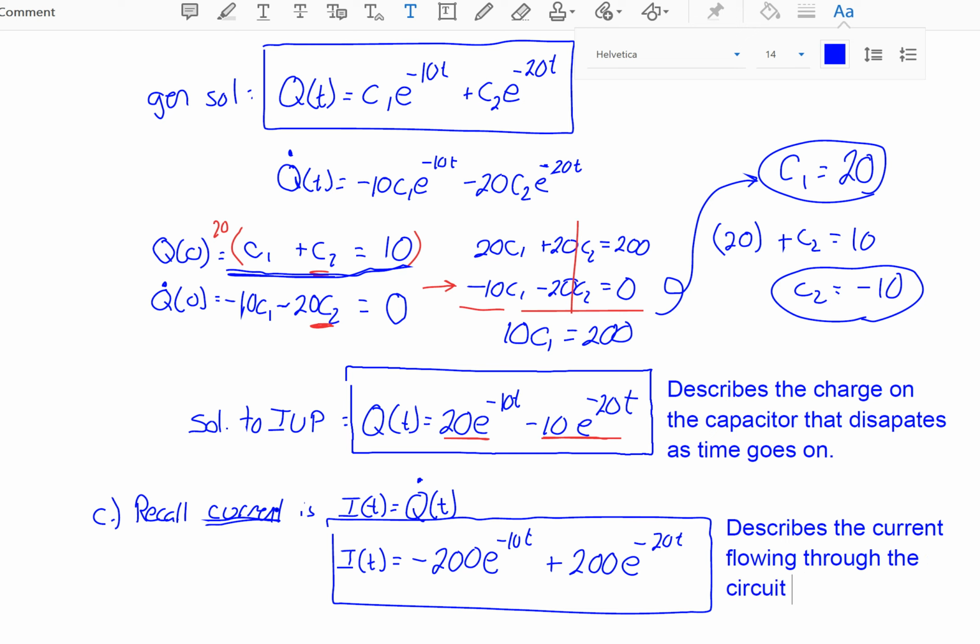And again, you'll notice that because of those negative exponents, this current will dissipate as time goes on.